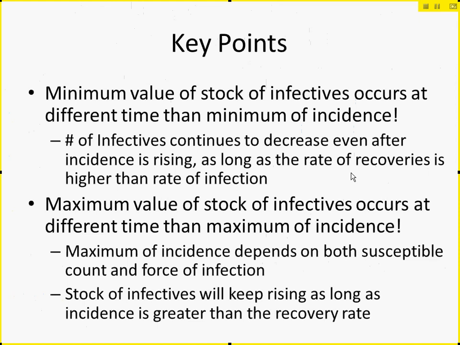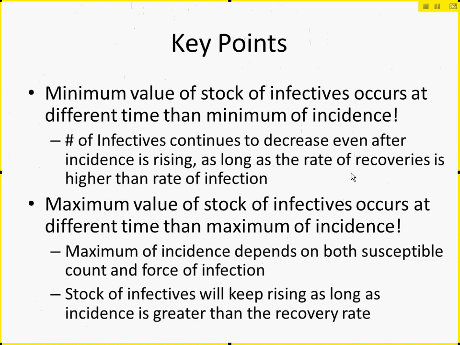Yeah, this is kind of an interesting thing. So the maximum value of the stock of infectives is actually in general going to occur at a different time than the maximum of incidence. So the maximum of incidence, the maximum number of people getting infected per day, depends on both the number of susceptibles and the force of infection.